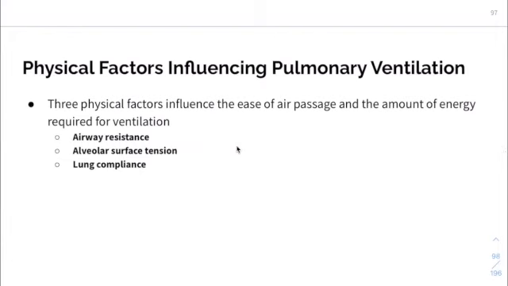So let's look at the different things that influence how air flows in and out of the lungs. We're going to look at airway resistance, alveolar surface tension, and lung compliance.